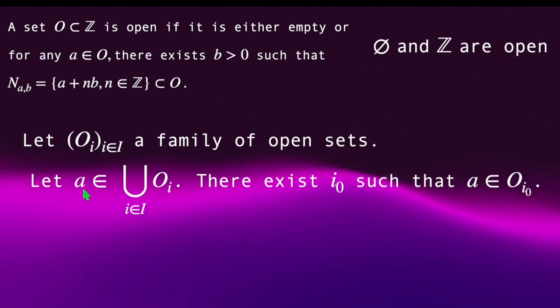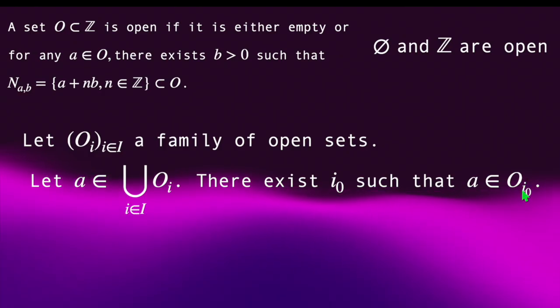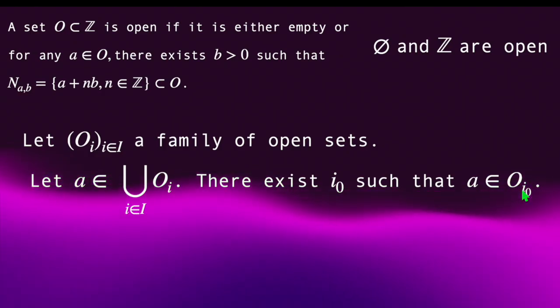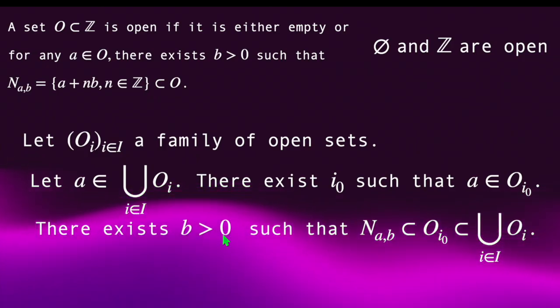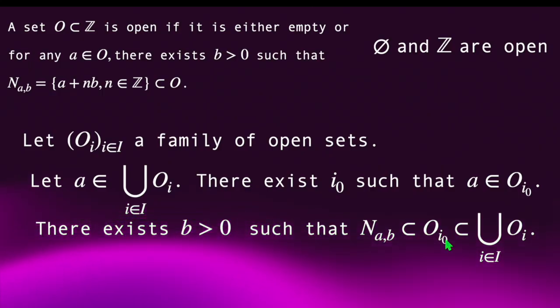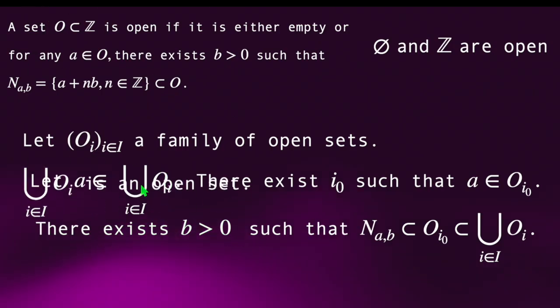This means that A is in some open O_i0, and since O_i0 is open, there exists B positive such that N(A,B) is contained in O_i0, and we have shown the property of open sets. So this union is actually an open set.